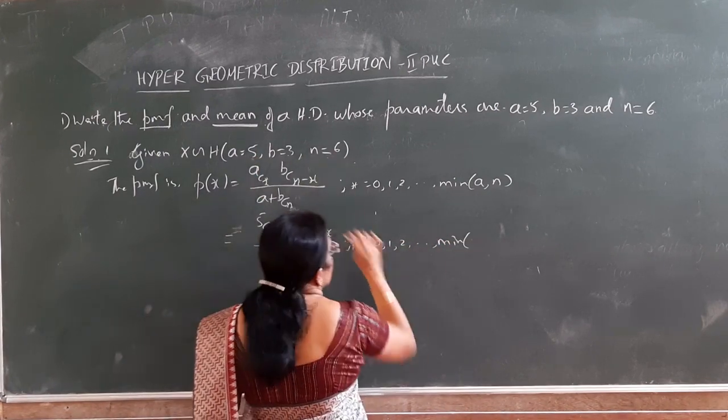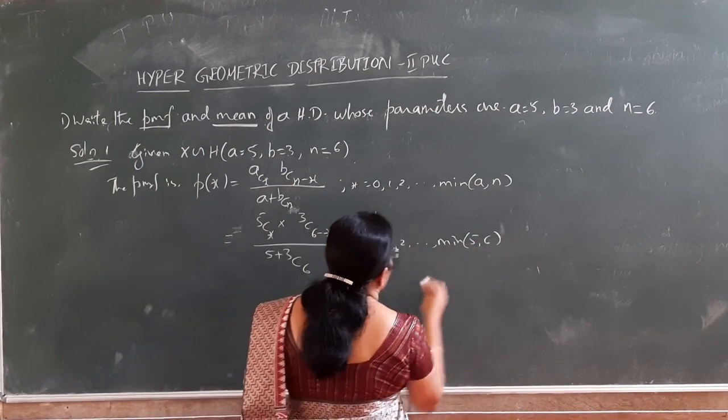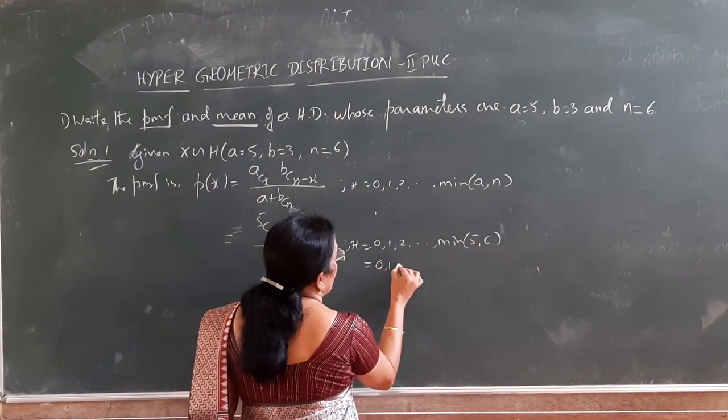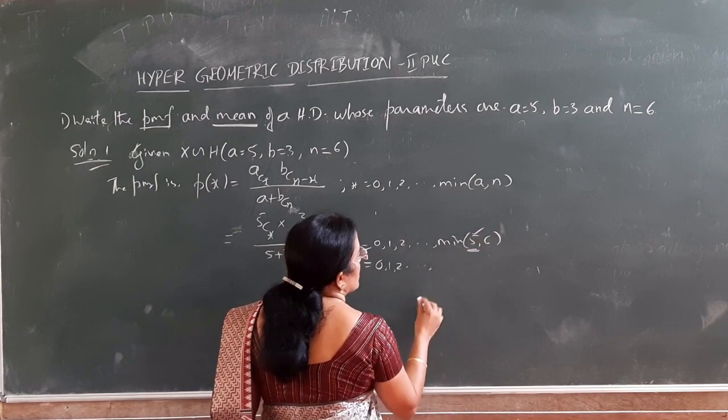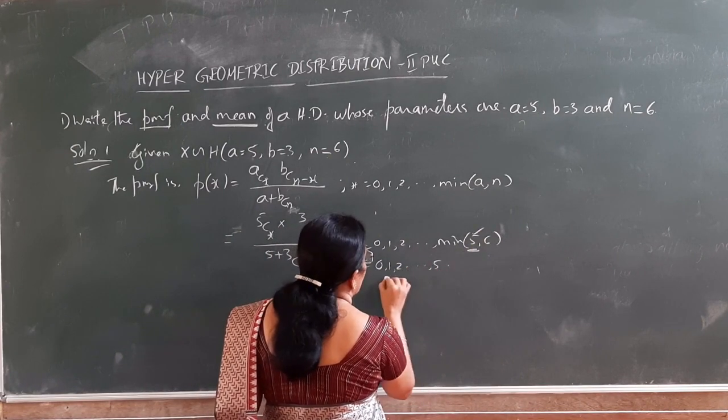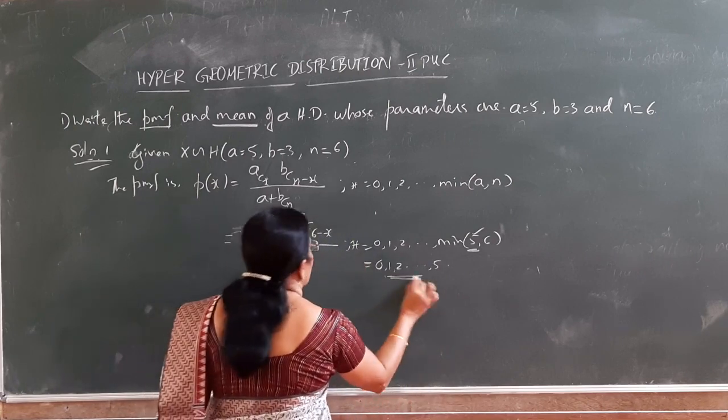A is 5, N is 6, so x is 0, 1, 2 up to minimum of 5 comma 6. 5 is the minimum, so the range is 0, 1, 2, 3 up to 5. This is how to write the range.